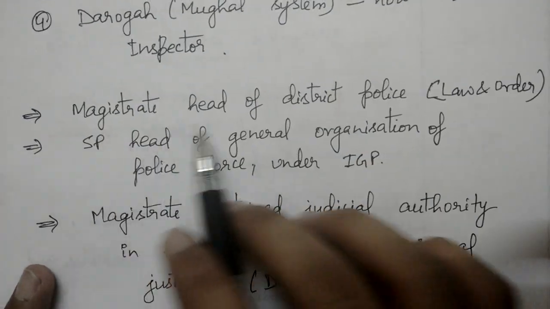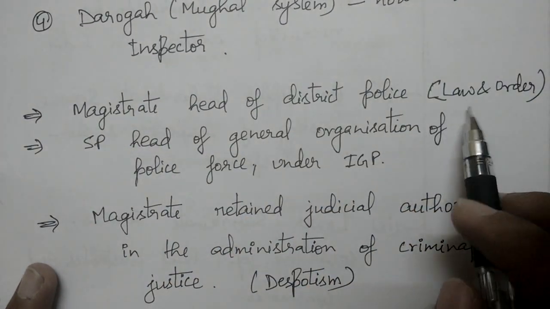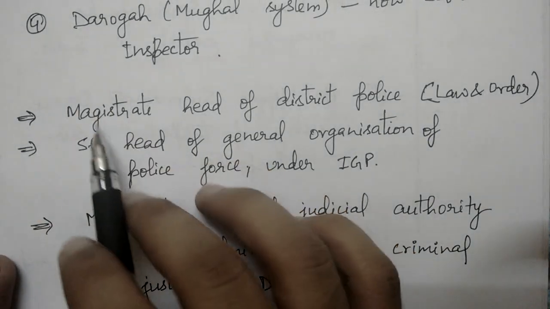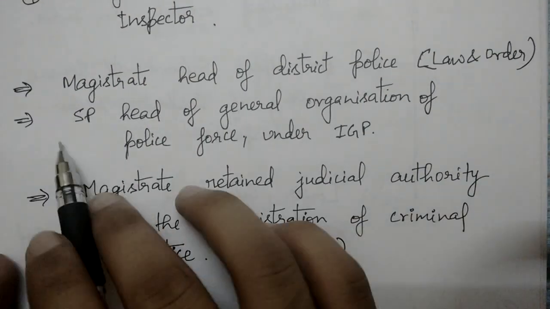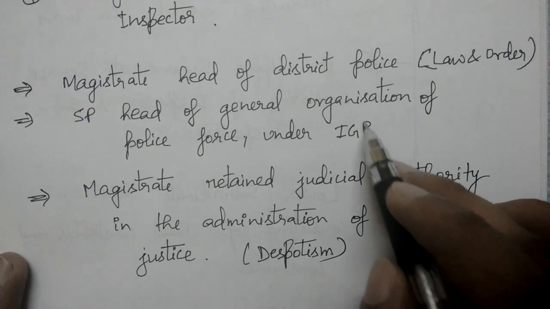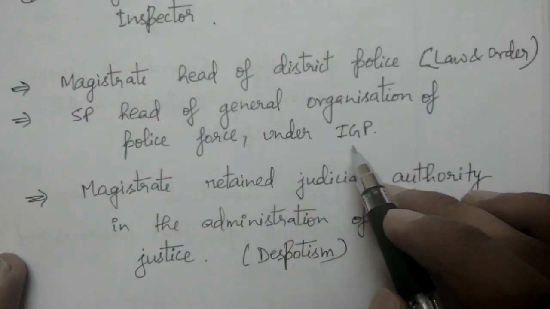Then the magistrate is still head of the district police, because he is responsible for law and order maintenance. I am talking about the district magistrate. The SP was the head of the general organization of the police force under the IGP.